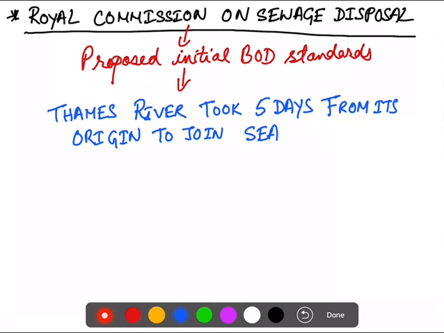So originally this idea was that all the BOD standards were given by the Royal Commission on Sewage Disposal. Okay, so the Thames River in England takes 5 days to travel from its origin to join the sea. And the average temperature of the Thames River was 20 degrees Celsius.